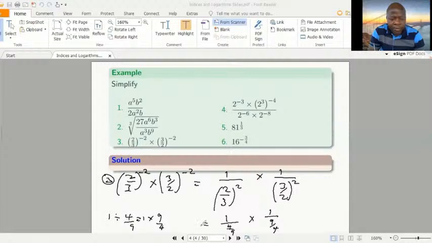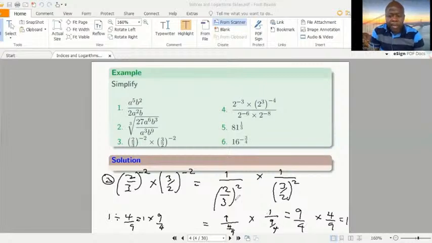So the whole of this becomes 9 out of 4, and the whole of this becomes 4 out of 9. So this is 9 out of 4, and this is 4 out of 9, which is 1.